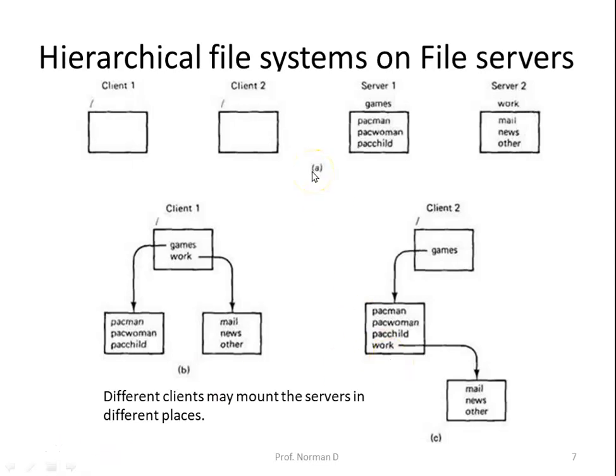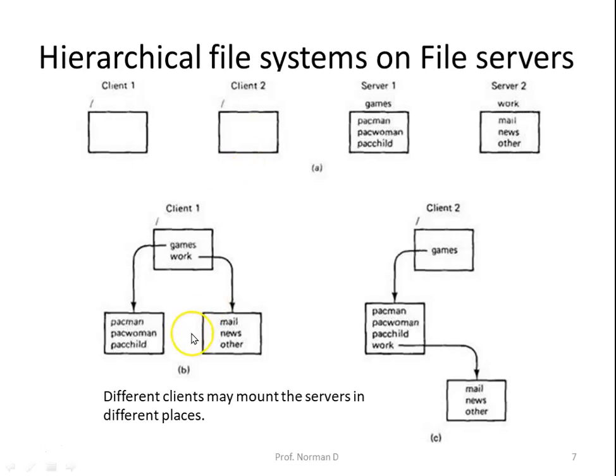Now in figure A, we have two servers, server 1 and server 2. Server 1 has the games directory, and server 2 has the work directory. There are two clients, client 1 and client 2.